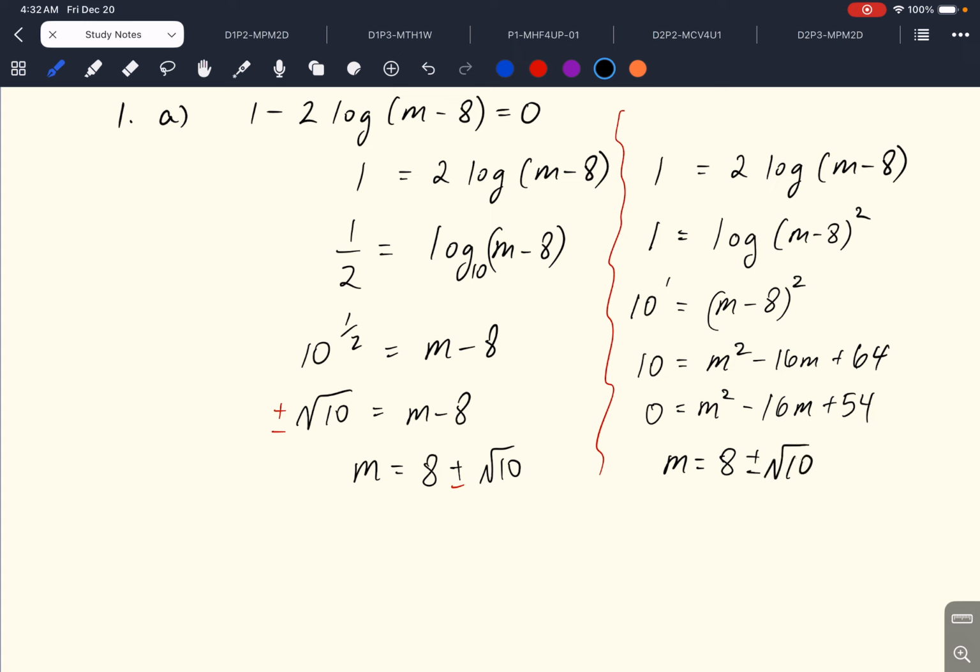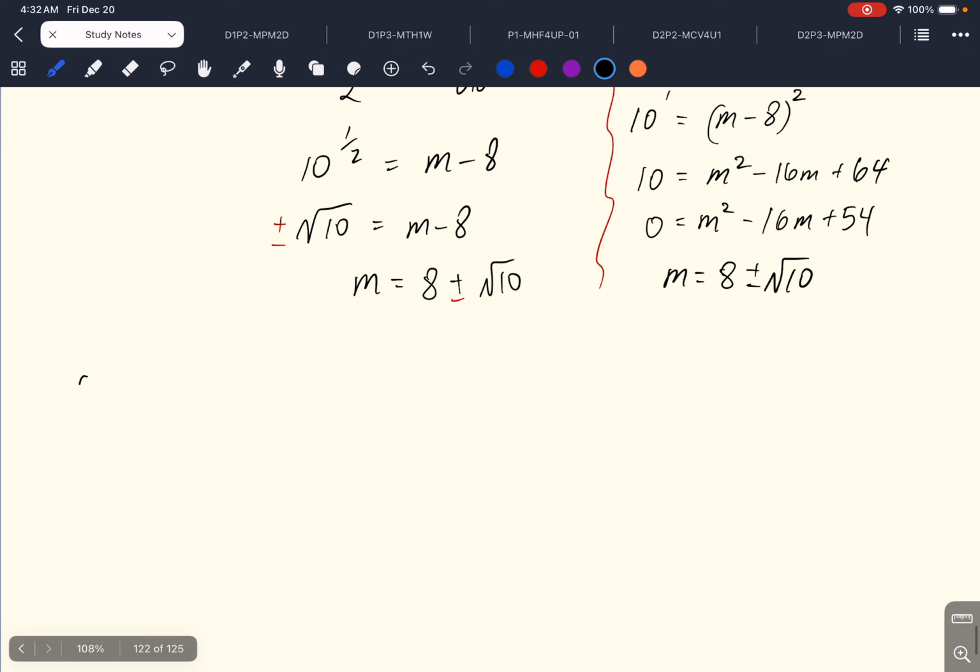So we've got to this point. Now, there's a couple of things to consider. Once you get to this point, with your solution 8 plus or minus the square root of 10, check whether these solutions work. Let's check the first one.